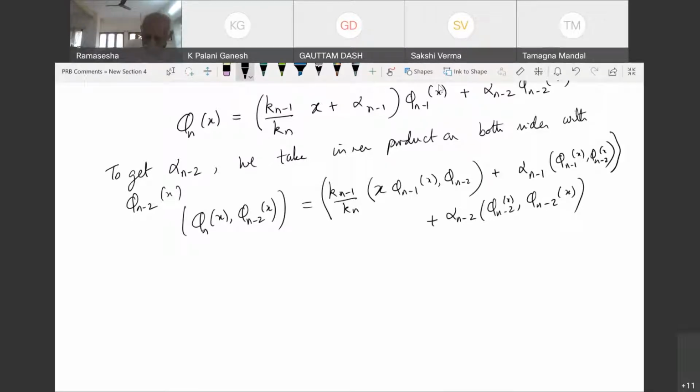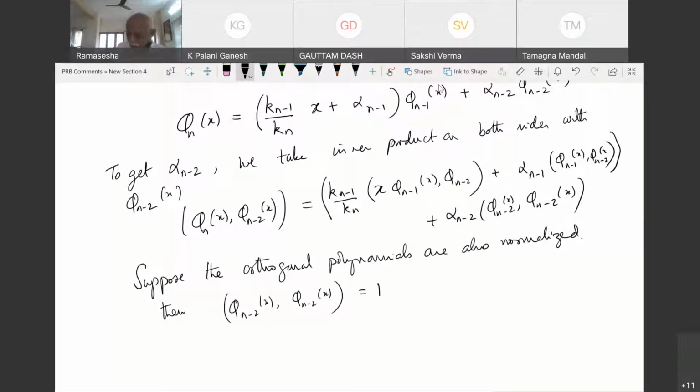Since the polynomials are orthonormal, the inner product of Pn minus 2 x with itself is equal to 1, and the inner product of Pn minus 1 x and Pn minus 2 x is equal to 0.